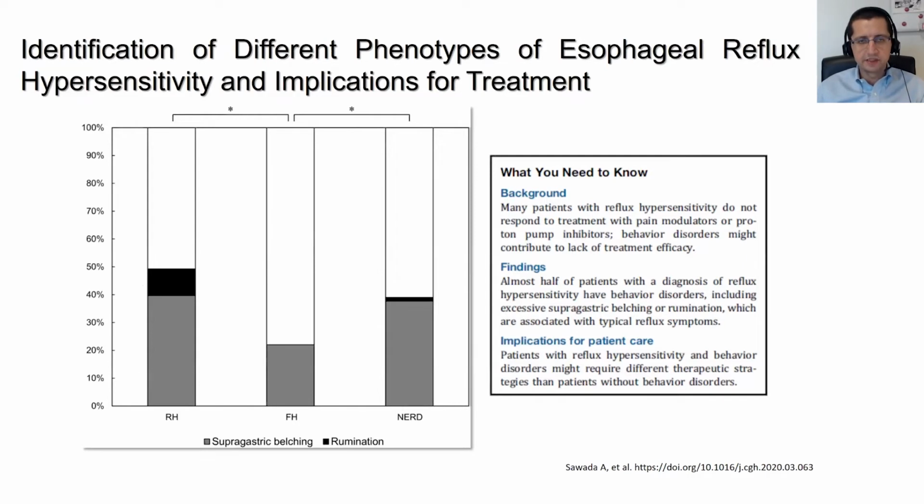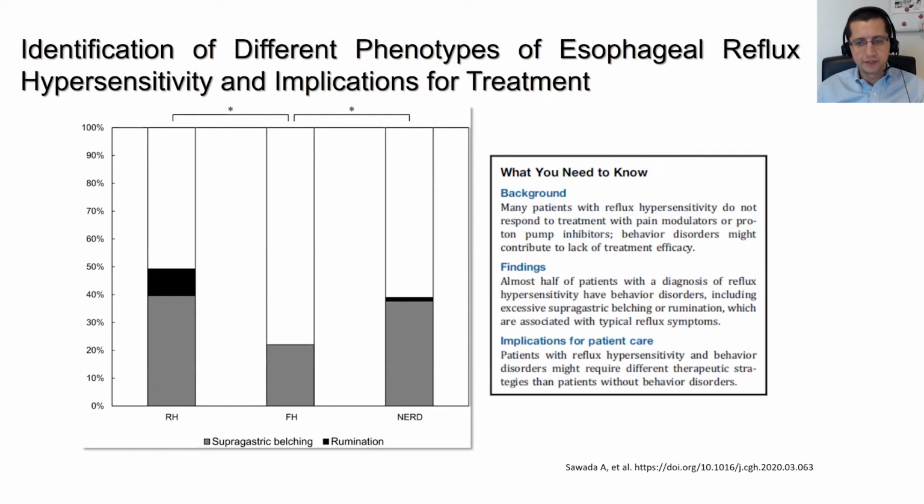Another advantage of impedance pH testing is the ability of detecting not only non-acid reflux disease, but also gas movement, and therefore understanding if there is a behavioral disorder underlying the symptoms of our patients.